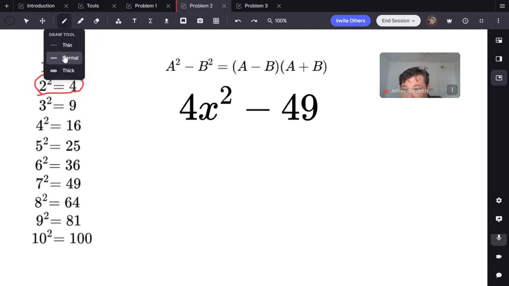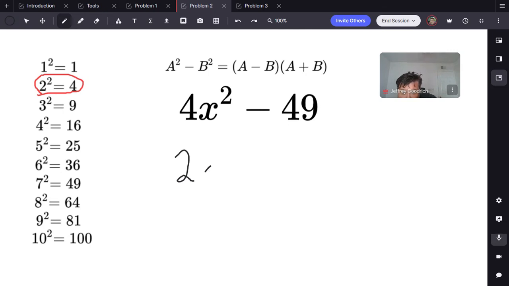And we're going to do something a little tricky here. We're going to write 2x, but now we're going to put little mini parentheses around the 2 and the x, and we're going to put a square outside. That means that not only is the 2 being squared, but the x is being squared too, because we need them both to be squared in order for it to be 4x squared.